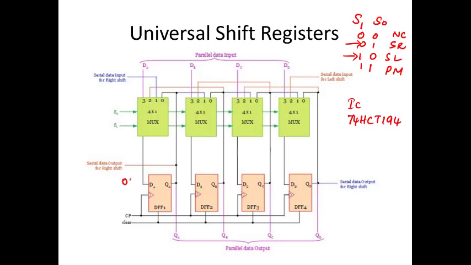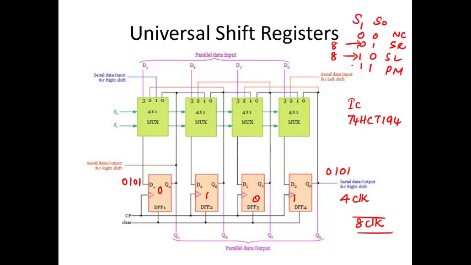If it is 0, 1, 0, 1, we need 4 clock pulses to feed in the data, and to receive the output that was fed, 0101, at the output QD, we need another 4 clock pulses. That is what I have discussed. So we need a total of 8 clock pulses for the shift right and shift left operations.